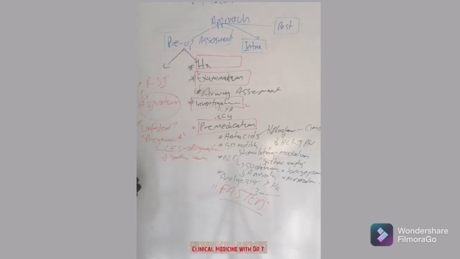Another thing is diabetic patients: because of their autonomic neuropathy, they are regarded as unfasted as well. So when you're going to operate on a diabetic patient, you're going to do an RSI. When you're going to operate on a pregnant patient and do a GA, I'm talking about GA here, you're going to do an RSI.